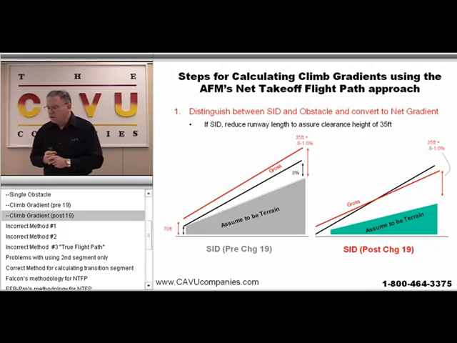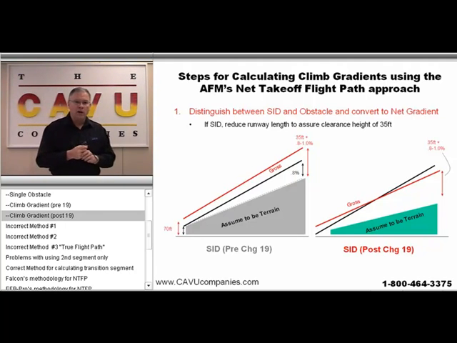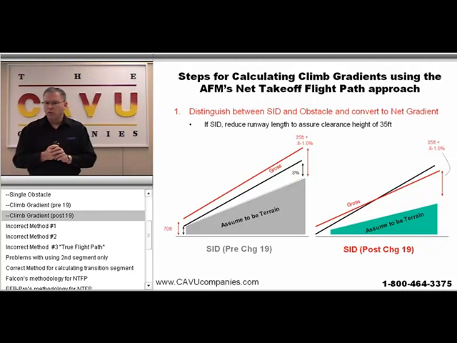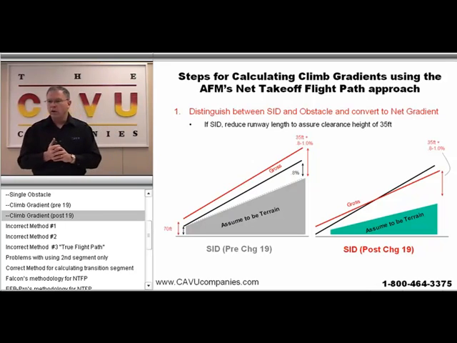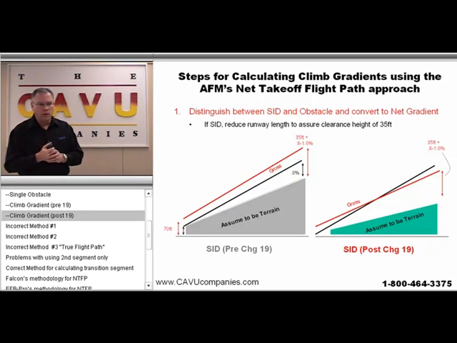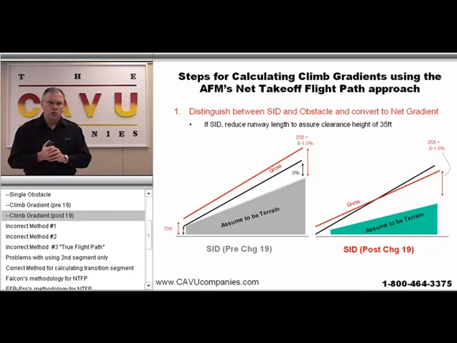Also notice here that your actual gross flight path may in fact go below the actual SID. This is acceptable because we're not trying to maintain the SID, because we're in a one-engine-inoperative situation here, and we're in an emergency procedure, and we're certainly allowed to deviate from the SID under these conditions.